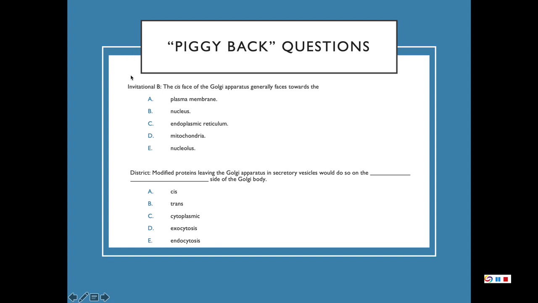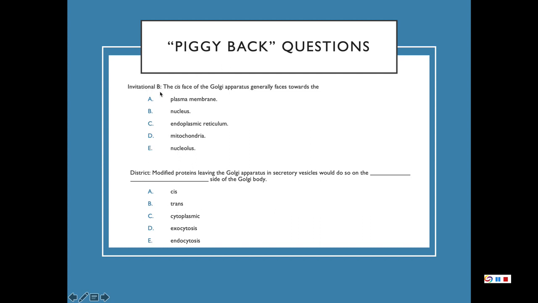Now the piggyback comes from the district test. The next test after invitational B would have been district, and this question asks, modified proteins leave the Golgi apparatus in secretory vesicles, and do so on which side of the Golgi body? This is going to be the opposite side, which is the trans side.